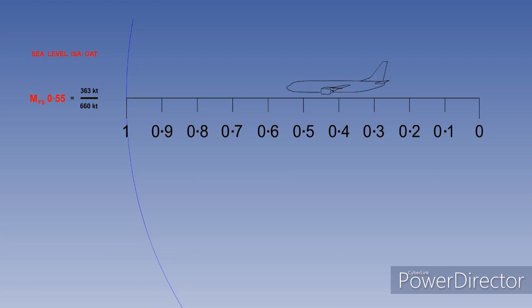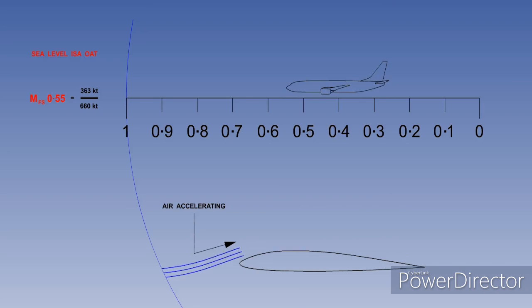We'll now consider something called the critical Mach number. The critical Mach number is not used operationally, but is an important reference for your understanding of high-speed flight and your ability to answer exam questions. Here is a view of the wing, with the airflow accelerating over the top surface.